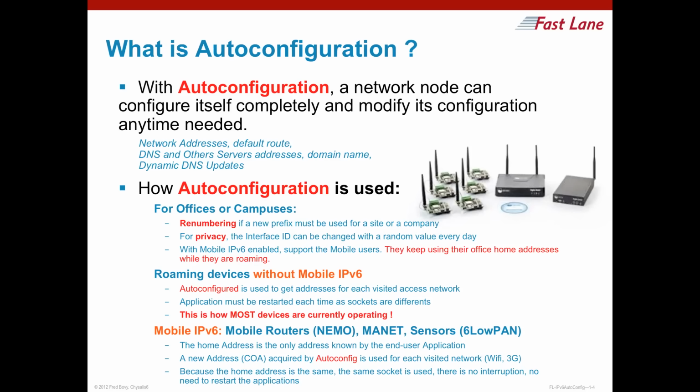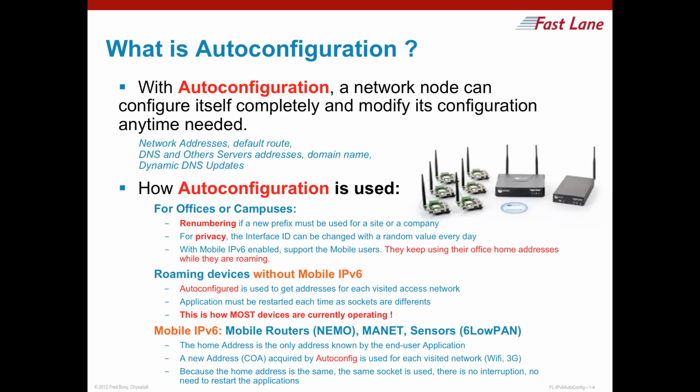If, for instance, for privacy, you want to change your address every day, this is something which is possible. Or you may also want to renumber your network if you got a new network address, and this must be managed automatically.